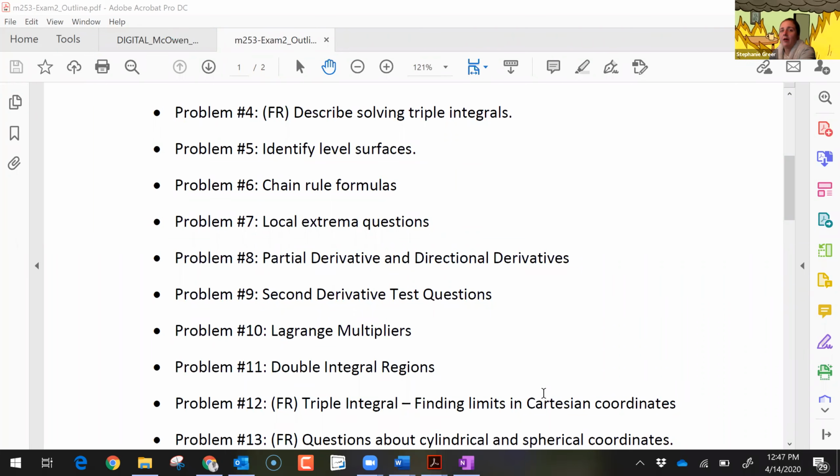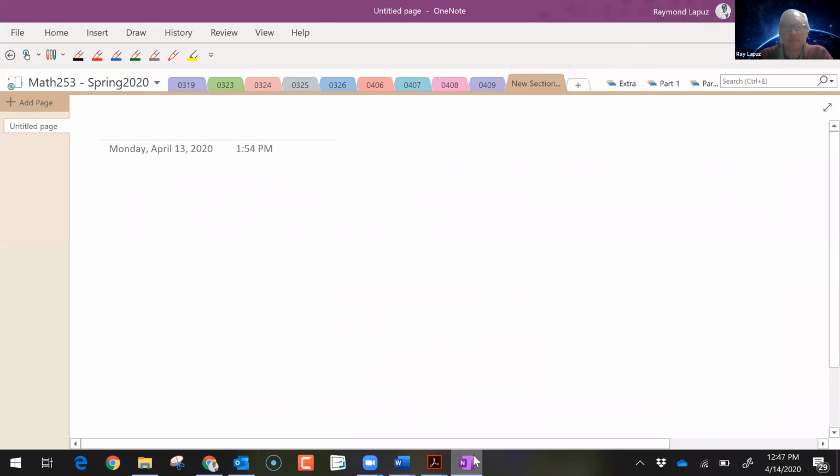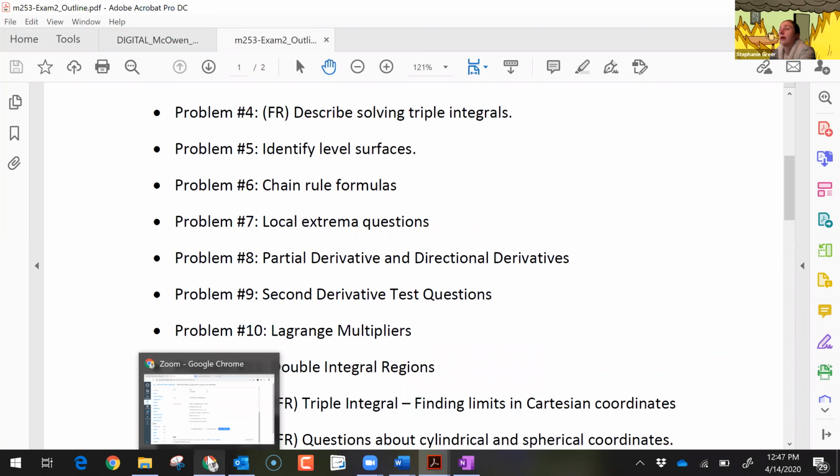So I remember having trouble with the local extrema questions. So 7, 8, and 9 and 10 gave me a bit of trouble. The rest I was either comfortable that my answer was correct, like the free responses, or at least close enough to get maybe 3 points out of 4 at least.